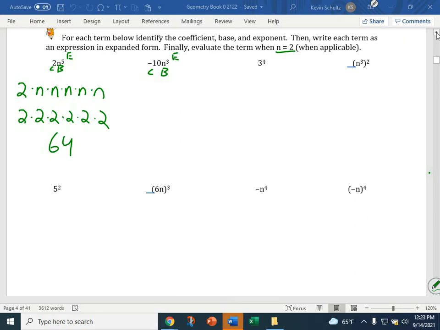In expanded form, just like we saw in the last example, that negative 10 being a coefficient is not part of the base, not part of the power. So negative 10 times n times n times n. When we plug in 2 for n, what do we get? Caleb. Negative 80. Okay.